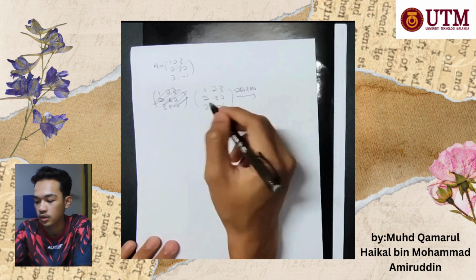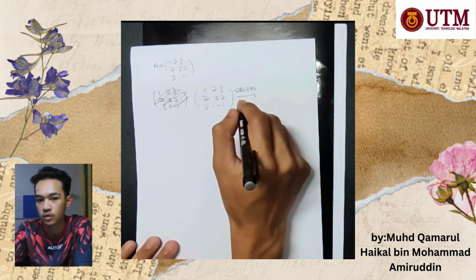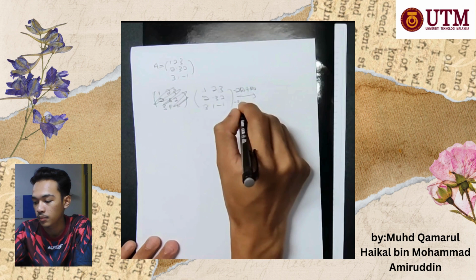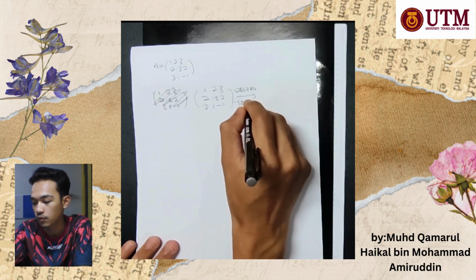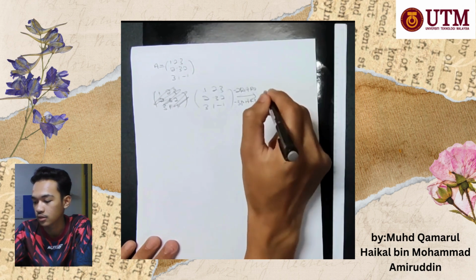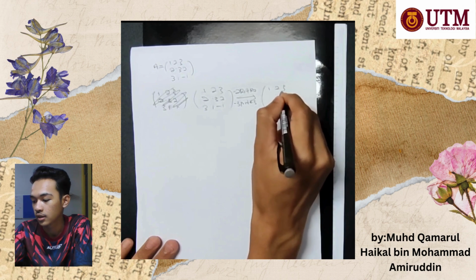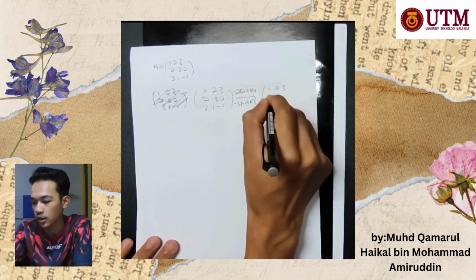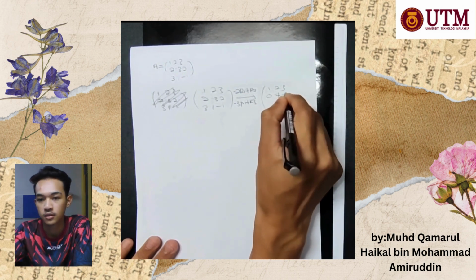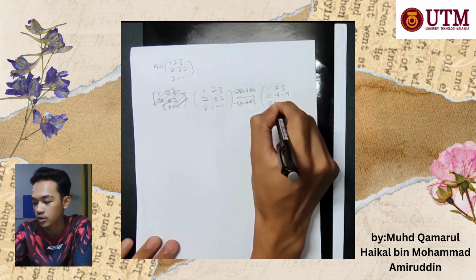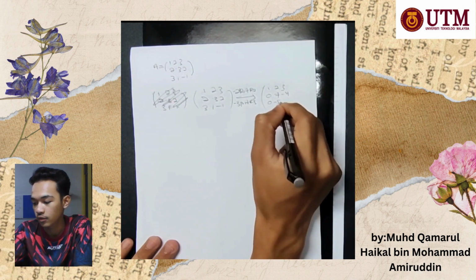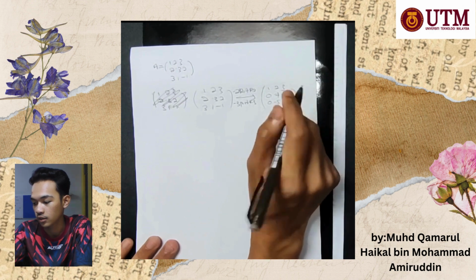And we want the 3 to become a 0, so we multiply row 1 by negative 3 plus R3. So we get 1, 2, 3, 0, negative 7, negative 4, 0, negative 5, and negative 10.